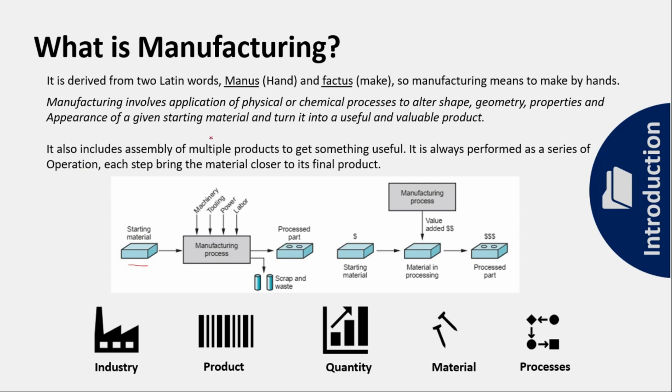It also includes assembly of multiple products to get something useful. So we don't only produce the part in the manufacturing process, we might also assemble multiple parts together to get a certain product, like the automobile or the jet planes, where we have multiple parts assembled together to get the final product. It is also always performed as a series of operations. Each step brings the material closer to its final product. You have seen, like in the case of the assembly line, it is performed stepwise, and with each step it increases the value of the product. So we have the semi-finished product, and the finished product.